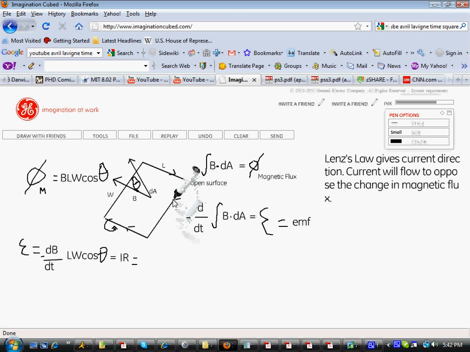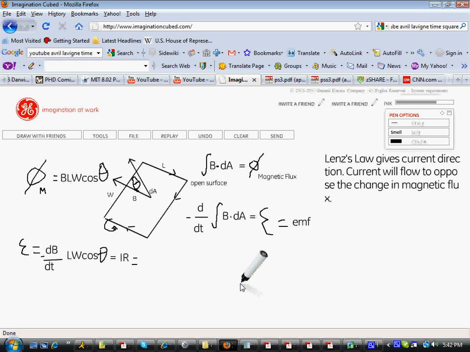And so a current is going to flow in this loop to oppose that, and hopefully you know the right-hand rule, and you can see that the way I've drawn this current, it'll create a magnetic field opposite this one right here. And that's what it means when it says it opposes the change in magnetic flux.